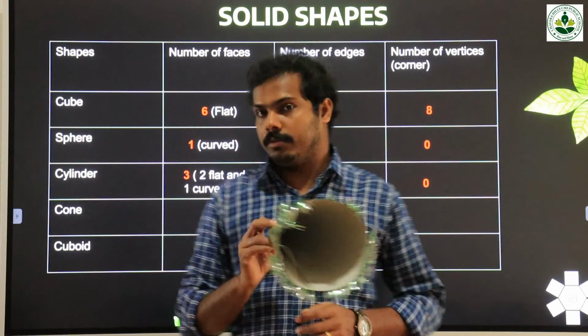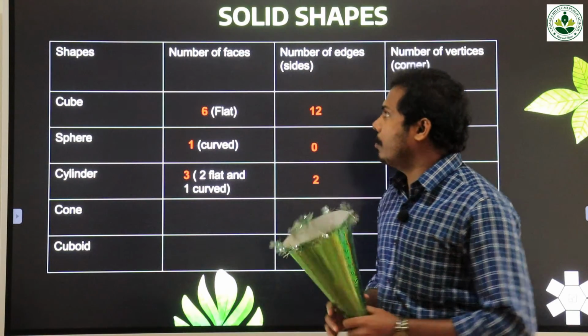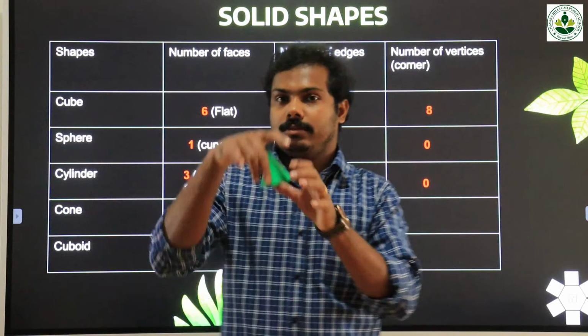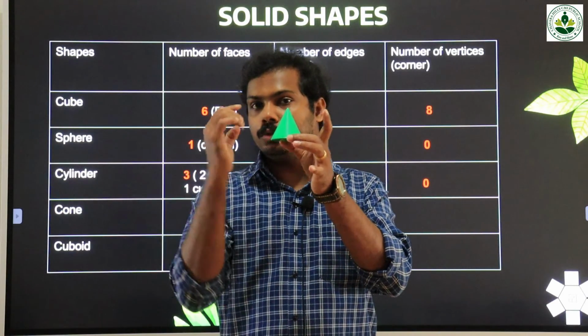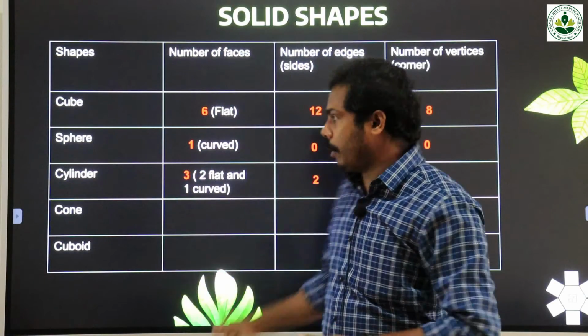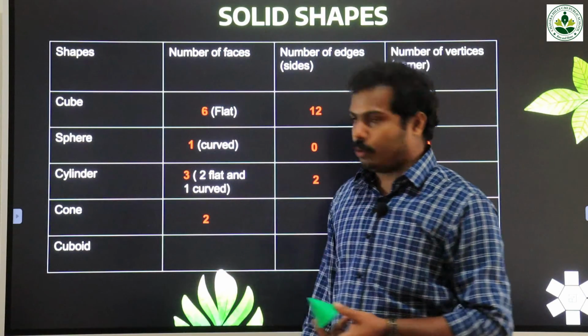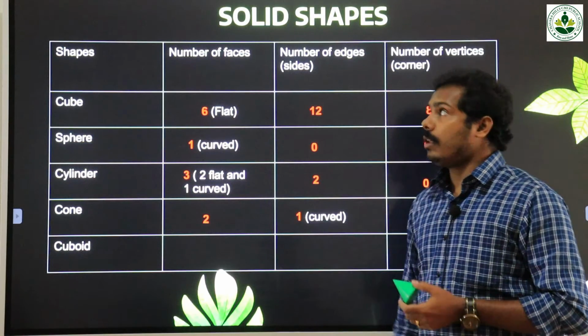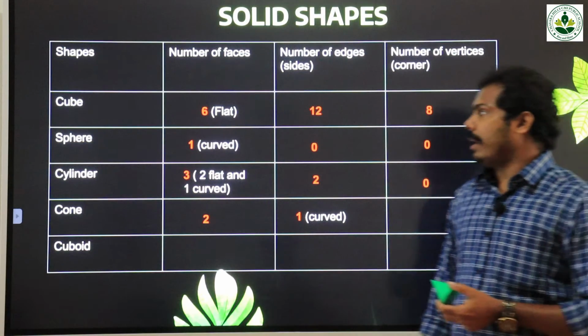A cone. We need to know about the number of faces. Here we can see 2 faces, 1 curved and 1 flat face. So the number of faces of a cone is 2. 1 is curved and 1 is flat. And the number of edges.